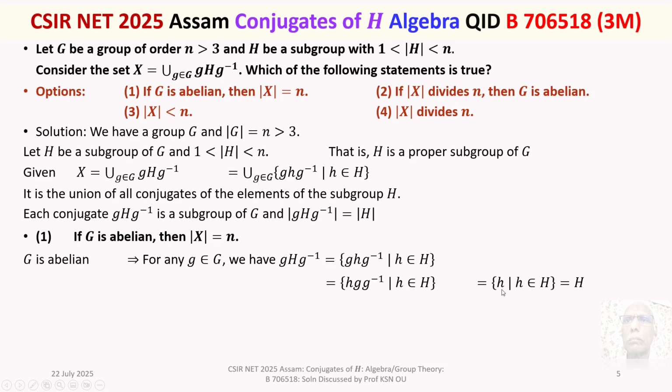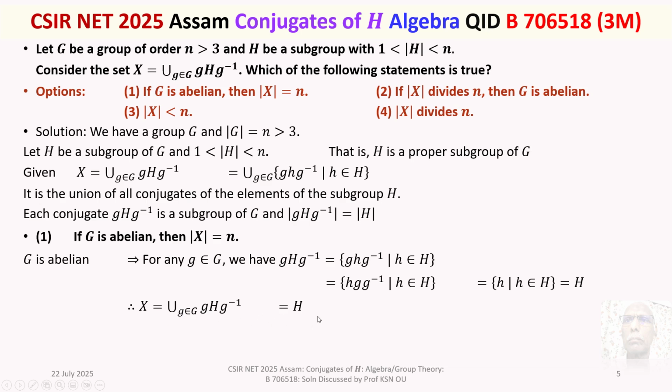So it is the set of all h belongs to H, that is H. That means X is the union over g belongs to G, and for each g, g H g inverse is H only. The union of all these H is H only.